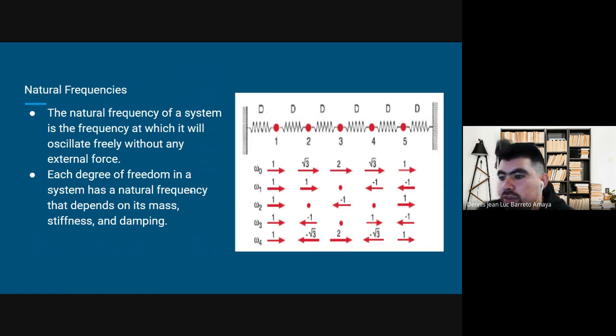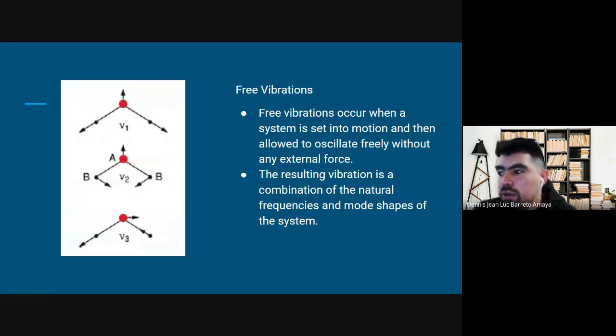For a multi-degree-of-freedom system, the natural frequencies depend on the stiffness and damping. Free vibration occurs when the system is disturbed and allowed to oscillate freely without any external force.